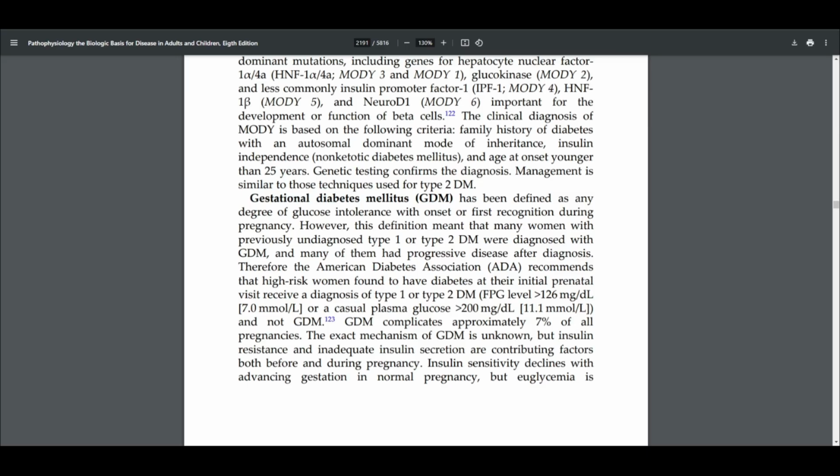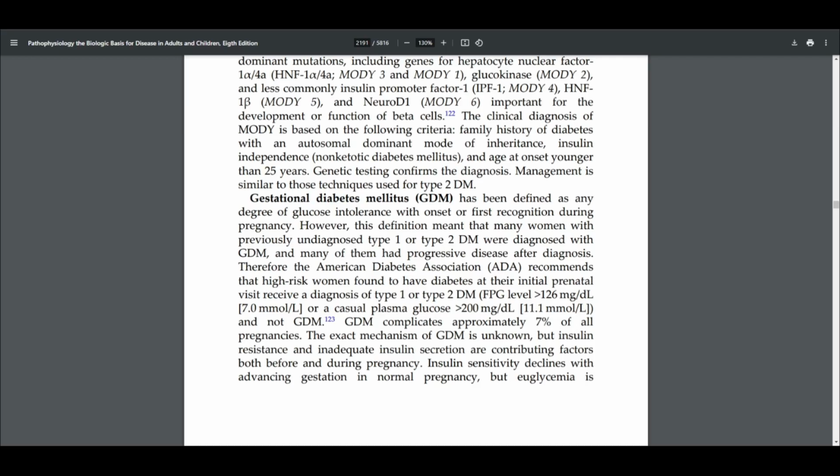Therefore, the American Diabetes Association recommends that high-risk women found to have diabetes at their initial prenatal visit receive a diagnosis of type 1 or type 2 diabetes. GDM complicates approximately 7% of all pregnancies.